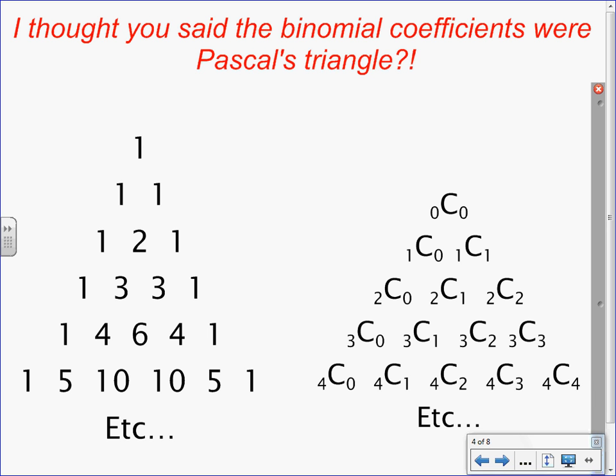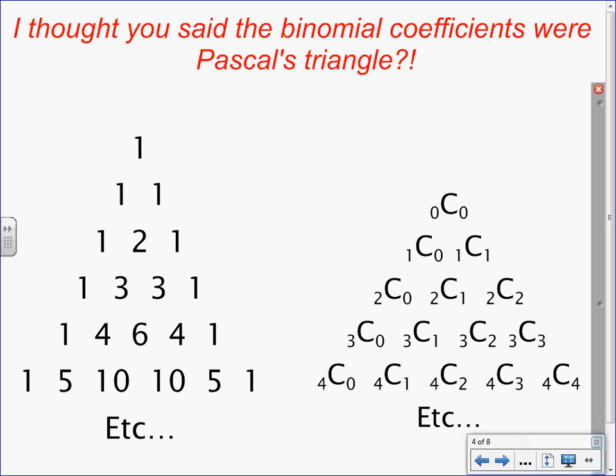So, if I have something to the 4th power, I will have 5 terms, where these are our coefficients. How many ways can you take 3 items and choose 3 of them? 3. Because in combinations, order doesn't matter.